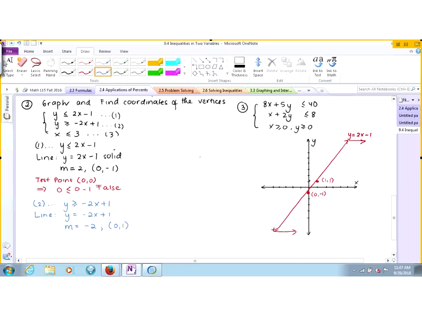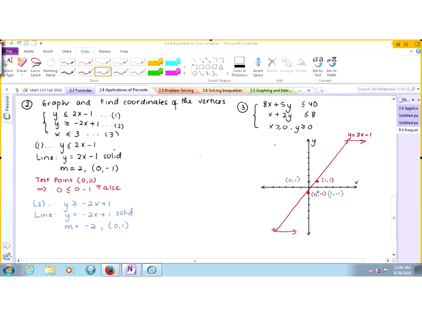All right. So 0, 1 is here. So we go down to the right one. Oh, then I have to label this as what? 1, negative 1. Okay. So solid, right?